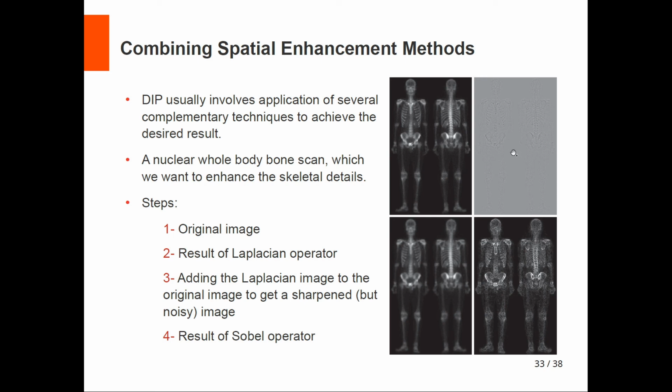The figure on top right is the result of the Laplacian operator. By adding the Laplacian to the original image, we basically get a sharpened image. Of course, as we discussed before, using derivatives on images not only enhances the edges but also enhances the noise as well. The result is a bit noisy.